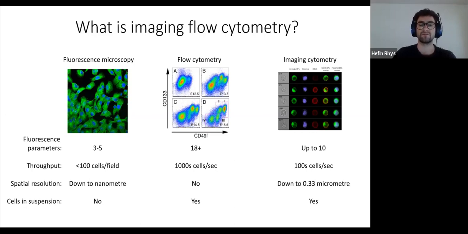Imaging cytometry combines these into a platform where, again, we're focusing single cells through a series of interrogation points. But rather than just digitizing the intensity of the fluorescence or the scatter into a single value per cell, we're actually imaging those cells.